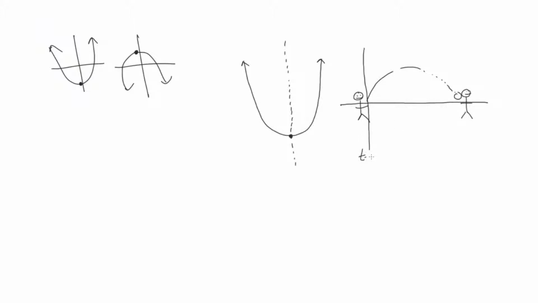I toss you the ball at t equal to 0, or time equal to 0. Let's say it reaches its maximum height 5 seconds later. One question I can ask you is, after how many total seconds will you receive the ball? Well, again, knowing that there is symmetry across the vertex, this being the vertex, if it took 5 seconds to get to the highest peak, then it will take another 5 seconds to fall back down, which means that you would catch the ball at 10 seconds.